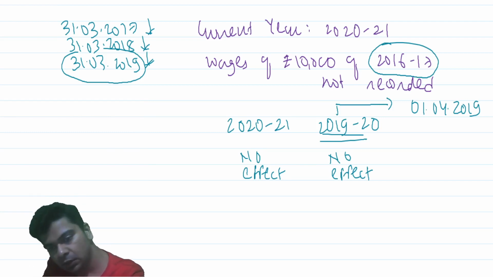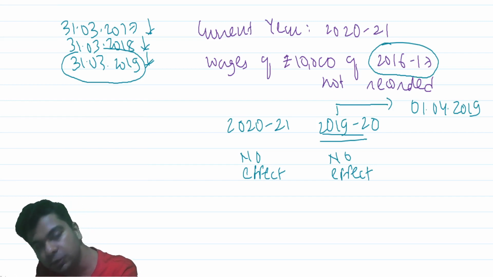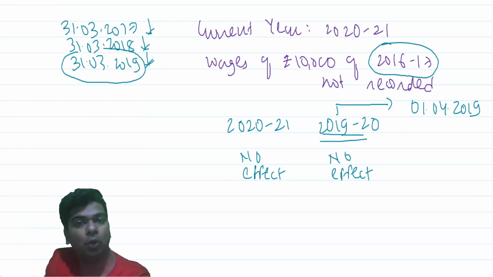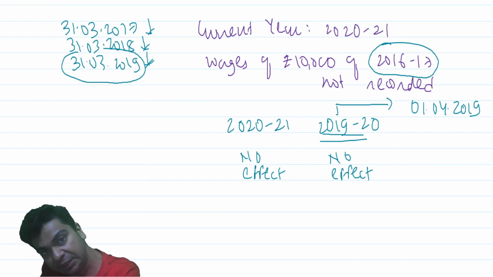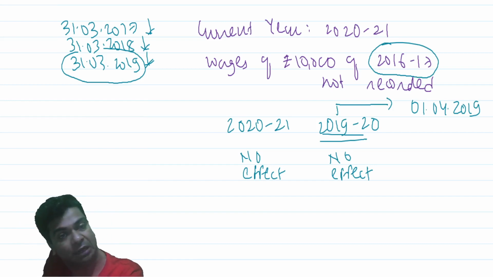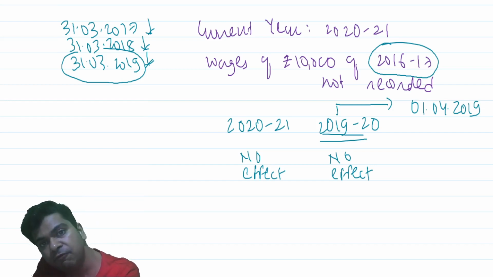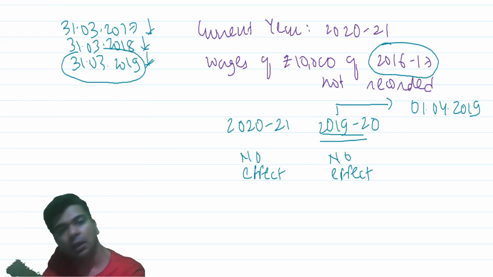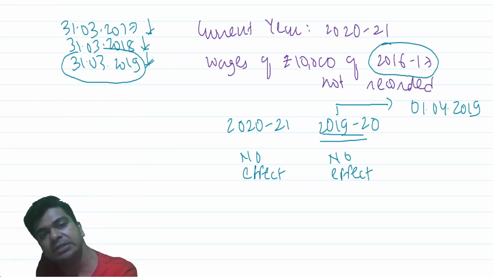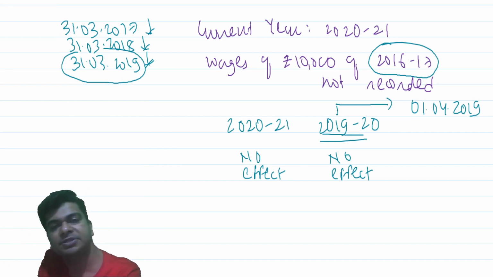If the answer is yes, give the effect in the comparatives. If you realize that no, this mistake was not committed in the previous year but in a year before the preceding year, then whatever is the starting point of the preceding year, in the opening balances of that, you should give the effect.